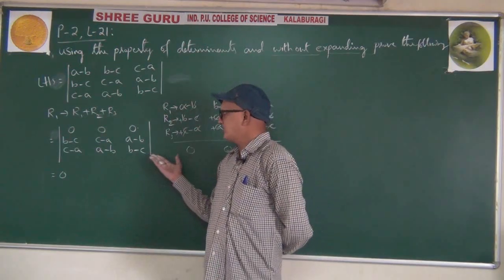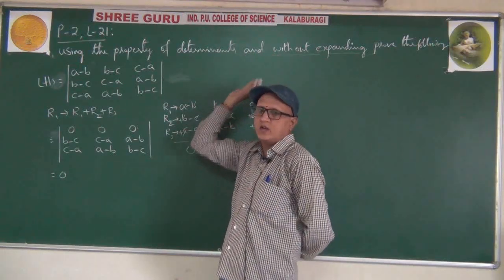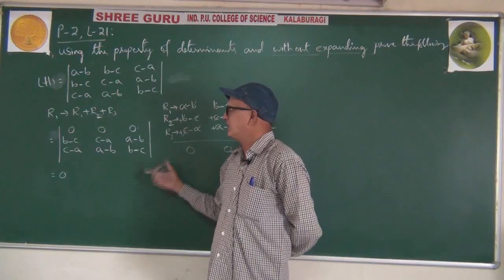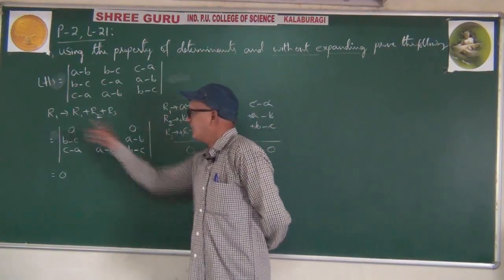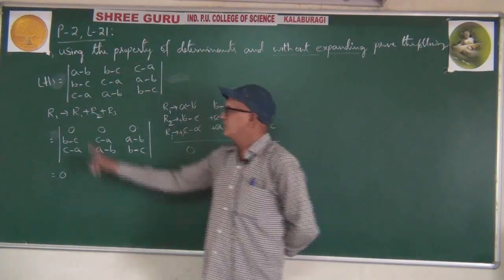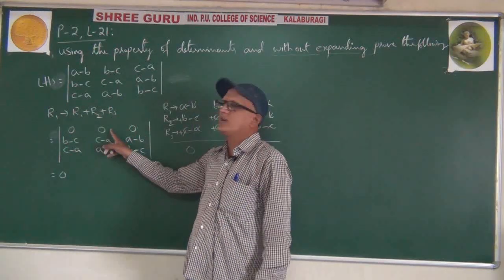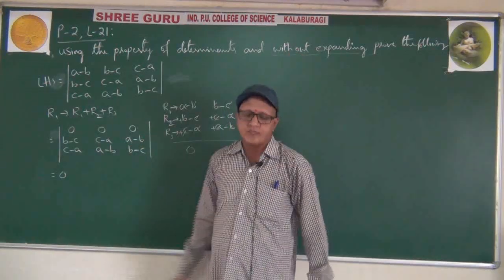If you try to expand this determinant, more zeros in which row or which column we have? In the first row we have 3 zeros. Expand the determinant: 0 into, no need to write. Next, 0 into, no need to write. Next, 0 into, no need to write.